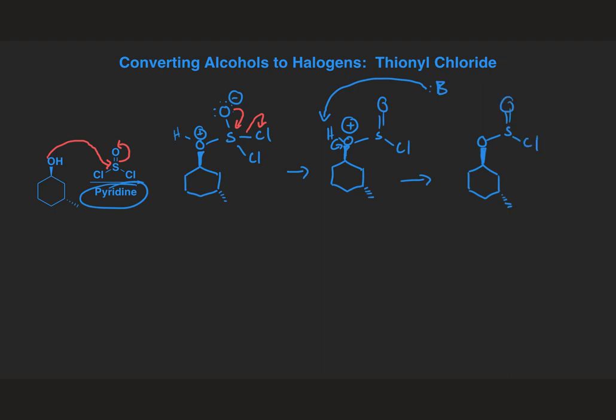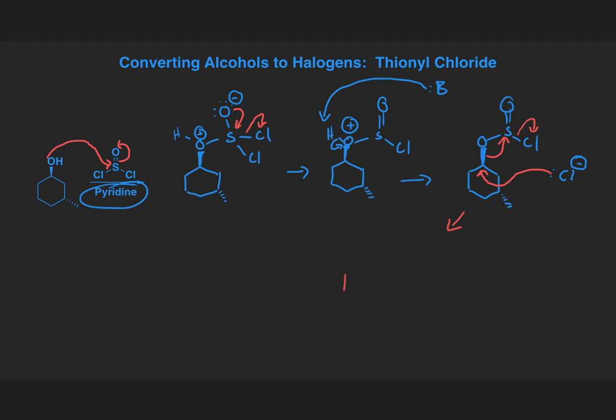For this intermediate, now if we go back a couple of steps, we lost a chloride, and I didn't draw that in, but I'm going to draw it in now because we need it. This chloride is going to come in and attack that carbon with oxygen in an SN2 fashion, which is going to kick these electrons up to sulfur, and at the same time that Cl is going to fall off.